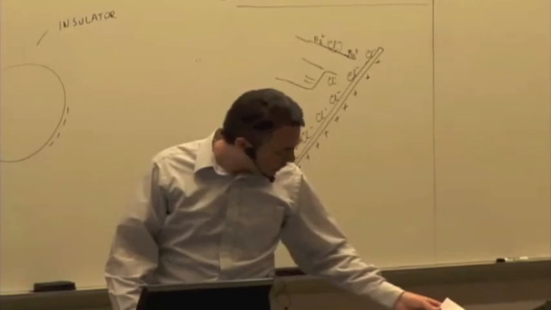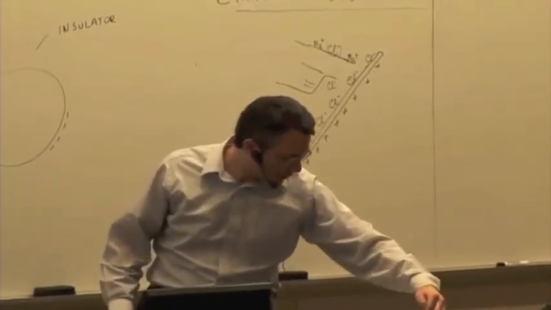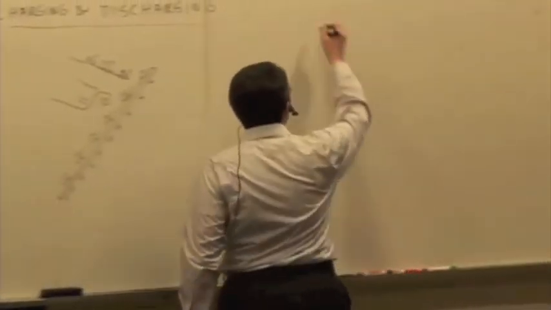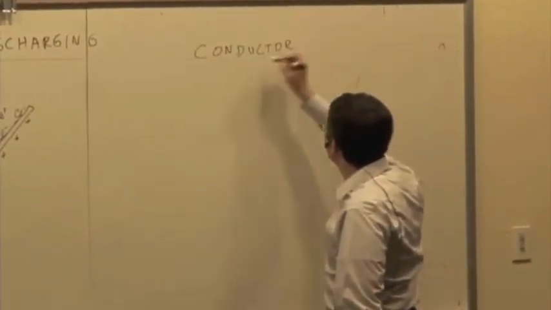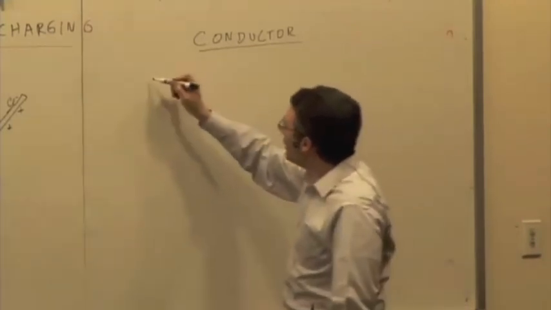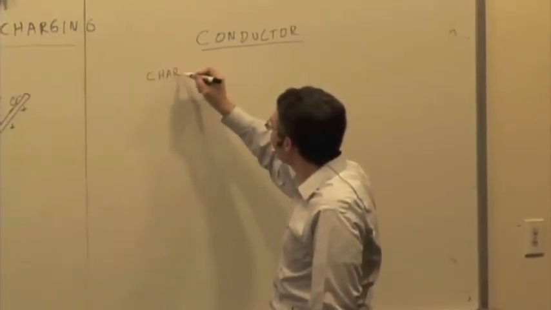What about, let's see, what else do we want to talk about? What about a conductor? Let's say we have a conductor, and we can charge and discharge by contact, right? So let's talk about charging by contact.